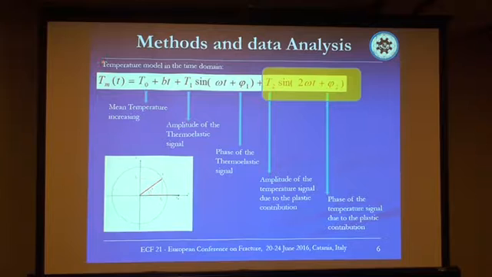The variation in temperature in the time domain can be written with this equation, known to all. This term represents the mean temperature variation. The second term, T1, is the amplitude of the thermoelastic signal. This represents the phase of the thermoelastic signal, and then we can consider the other two parameters: T2, that is the amplitude of the temperature signal due to the plastic contribution at twice the frequency of the loading machine, and Phi2, the phase of the temperature signal due to the plastic contribution.